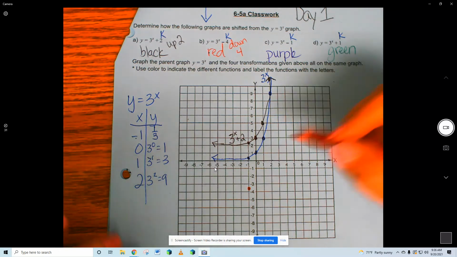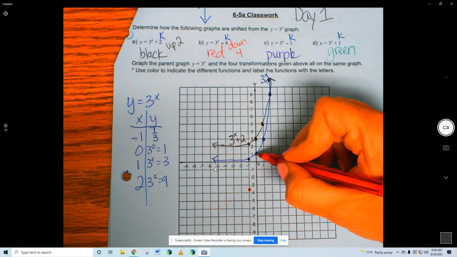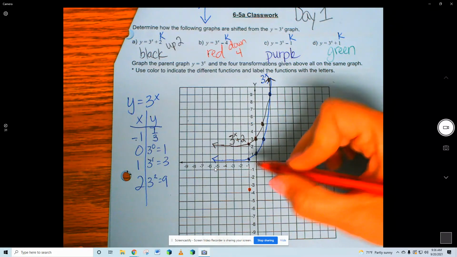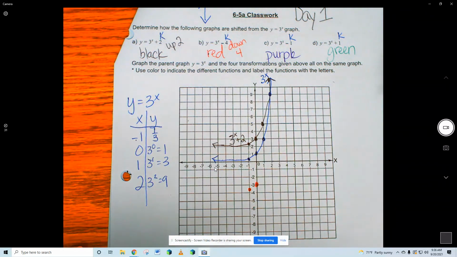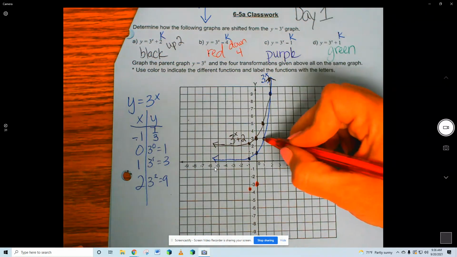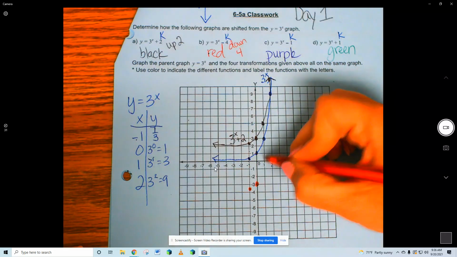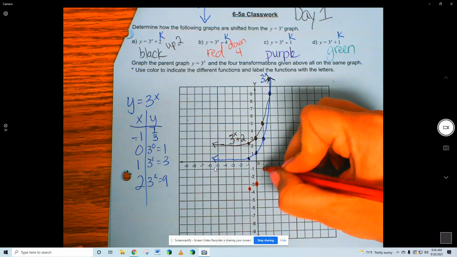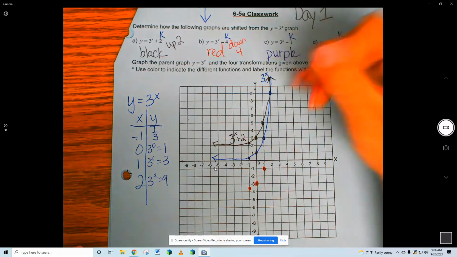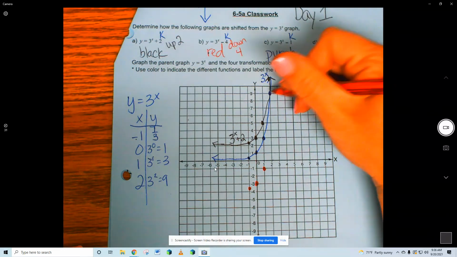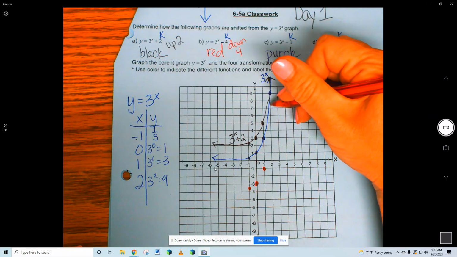And then I'm going to go to the next dot, the y-intercept of my parent function, my blue original, and go down 4. 1, 2, 3, 4. Make a dot. And the other one, go down 4. 1, 2, 3, 4. And this last one, way up here, blue original. 1, 2, 3, 4.